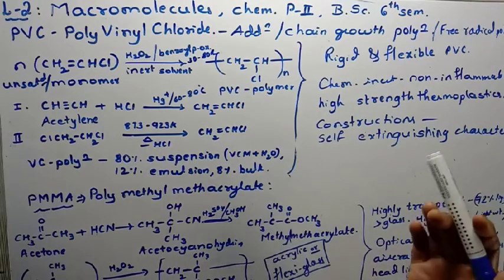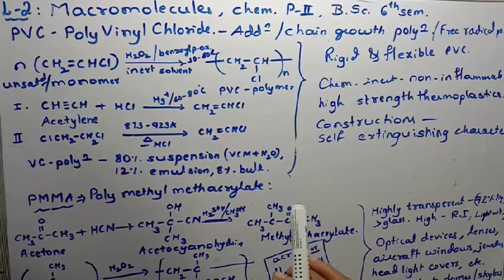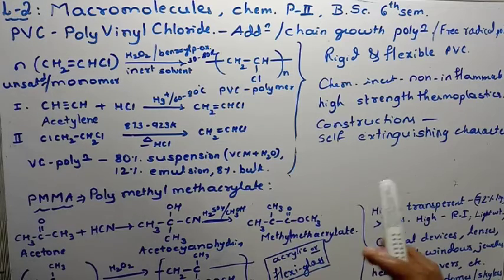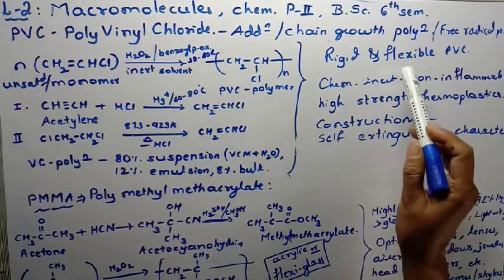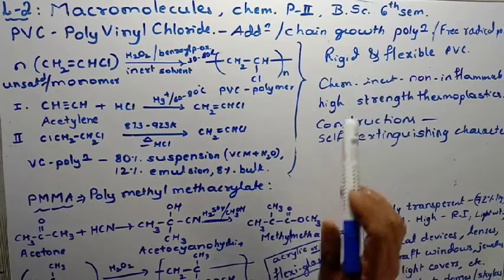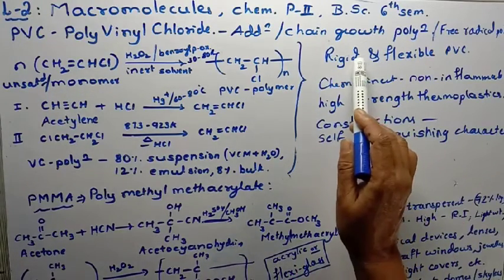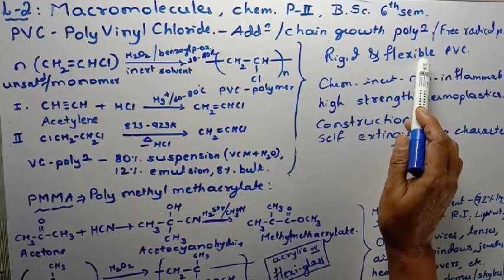That means polymer compounding. When you add some plasticizers to the PVC resins, you will get a flexible PVC. So mainly two types of PVC are in use, rigid PVC and flexible PVC.